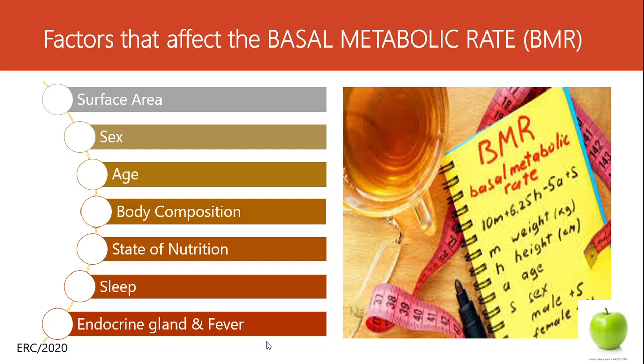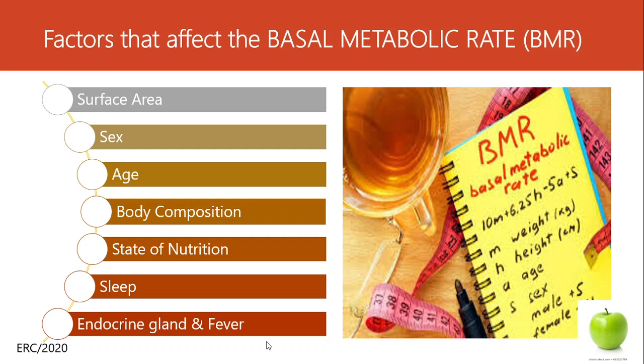A decrease in the mass of active tissue, such as in undernourishment or starvation, causes a lower metabolism, often as much as 50% below the normal. So kaya nga yung mga undernourished natin, siyempre, mas mababa yung kanilang metabolism.